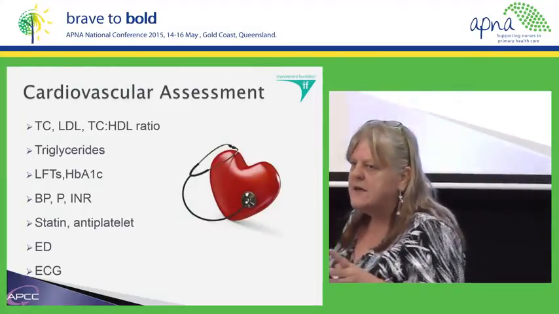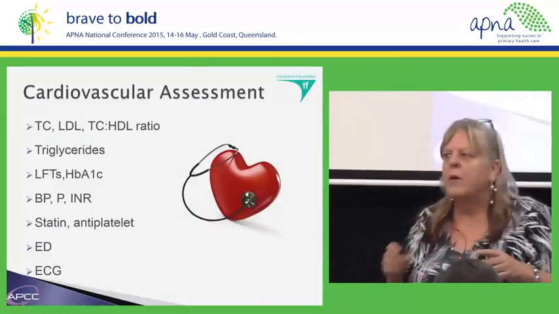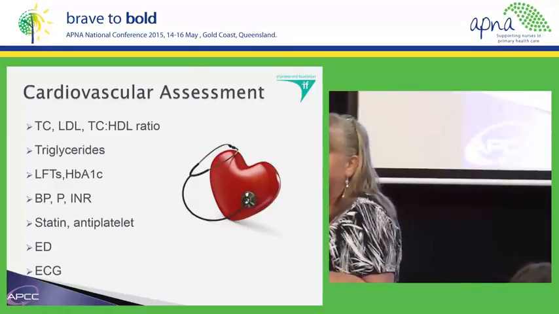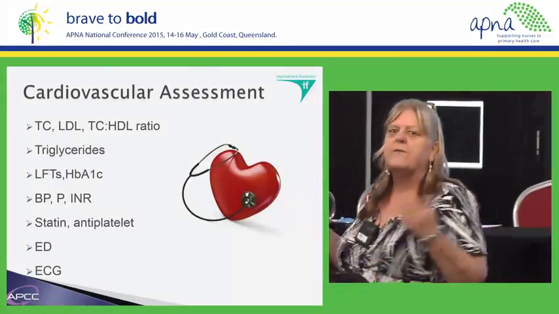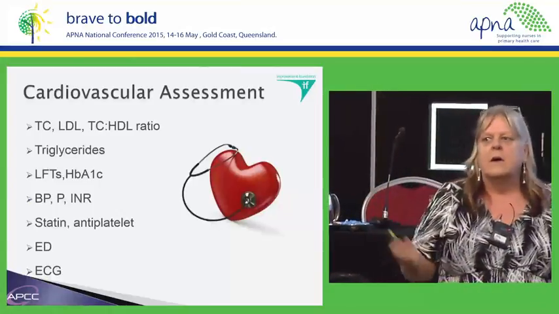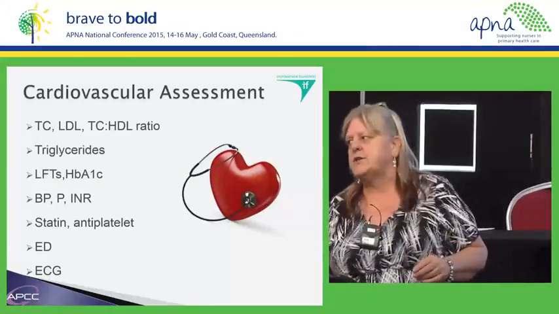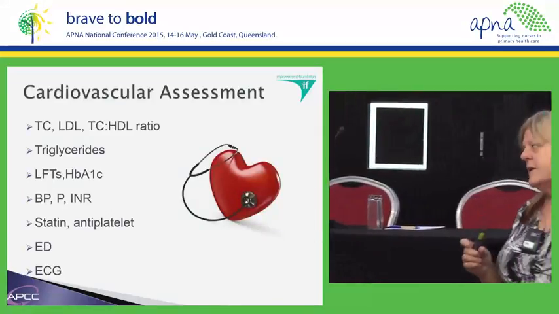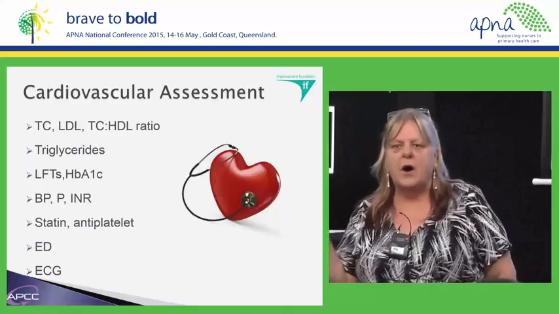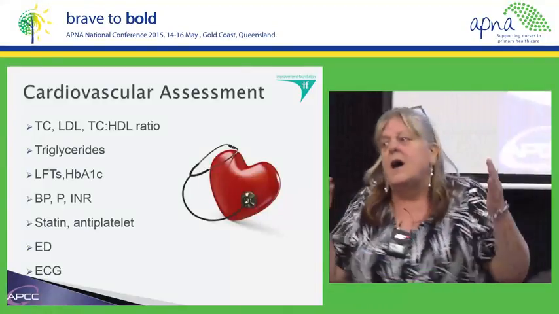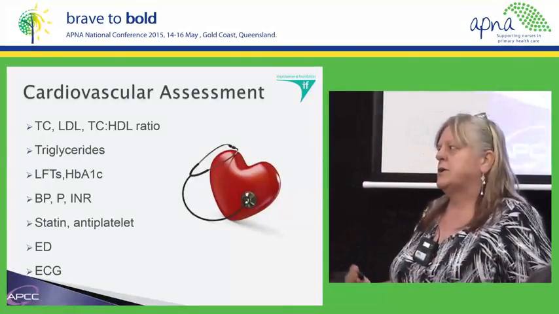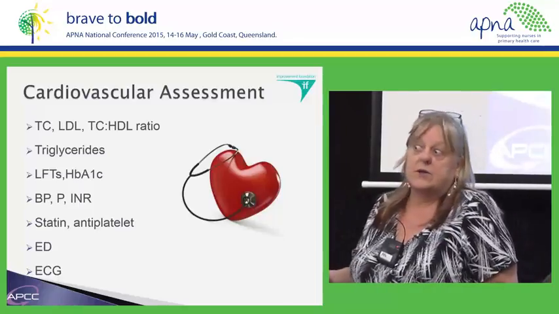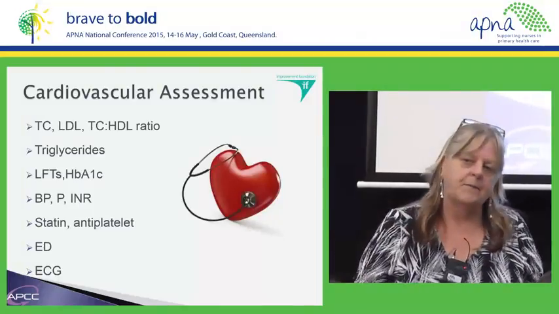Because of sick sinus syndrome, these people fall and break their hip and sometimes they fall and break the other hip and it goes on for 1-2 years. And if we'd just done an ECG, we could have seen that everything was just a bit too slow here and a bit too wide and they needed a pacemaker. It's up to your practice and your GPs, but I like to do an ECG annually.